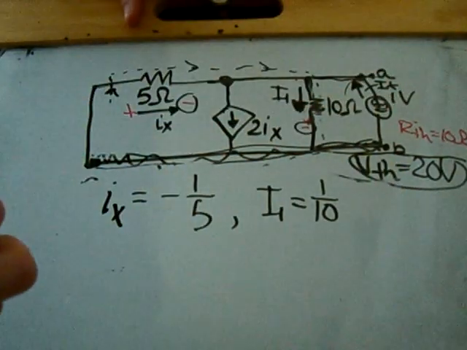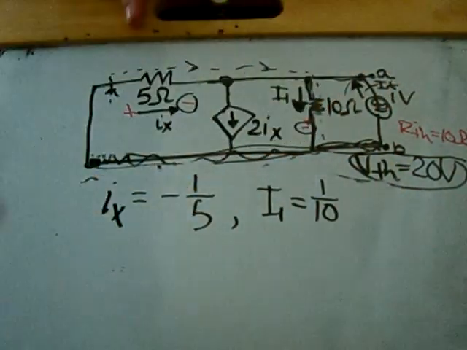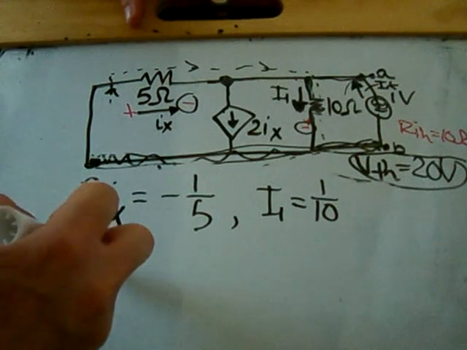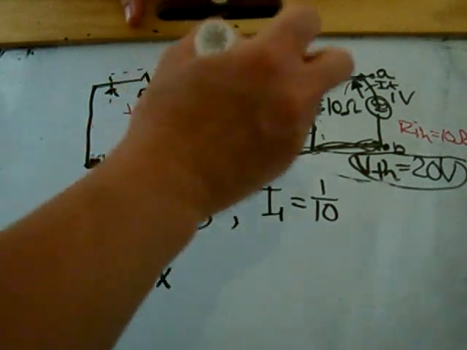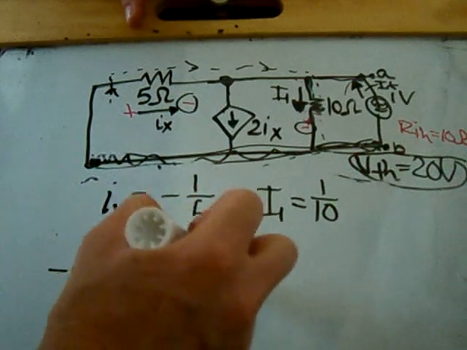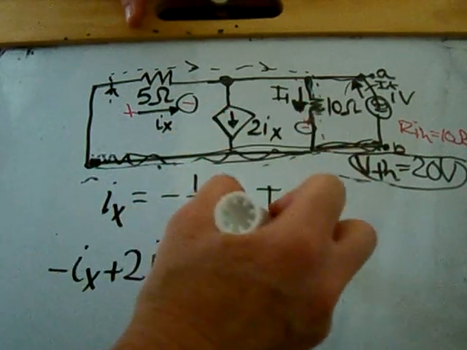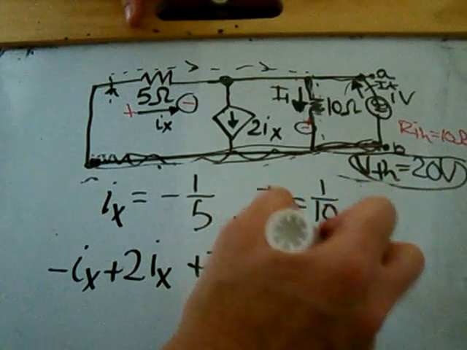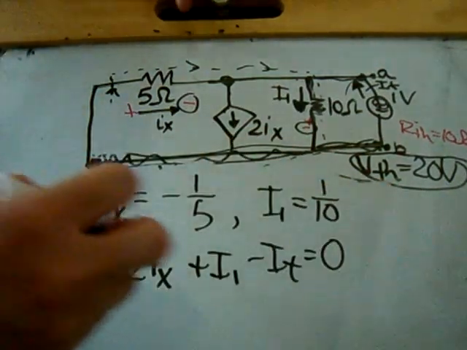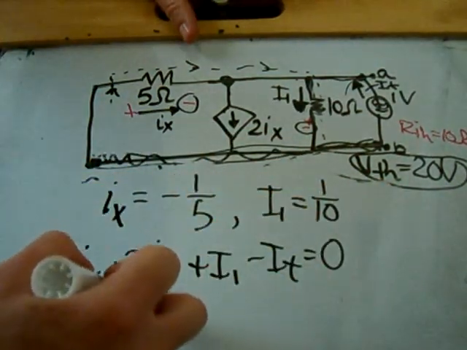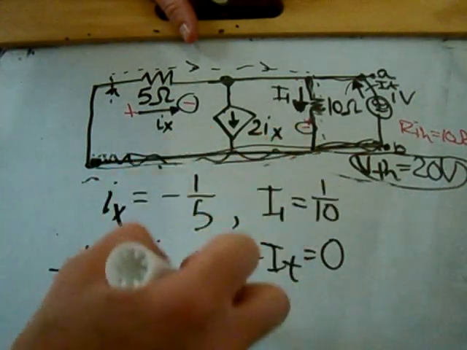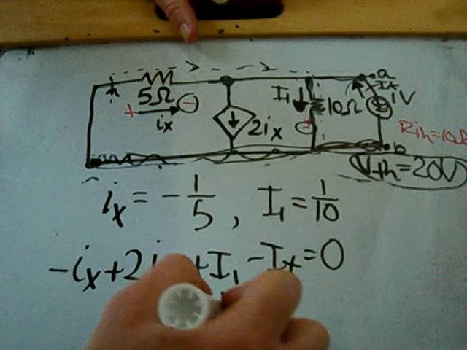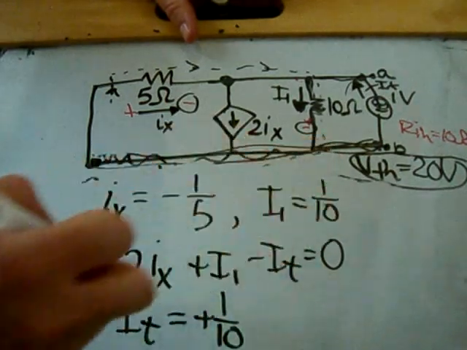So to find the current IT, I can do a current summation. I have a minus IX plus 2IX plus I1, and a minus IT equals 0, and I solve this then for IT. IT is going to equal, and I'm going to plug in the values, 1 over 10 for I1.